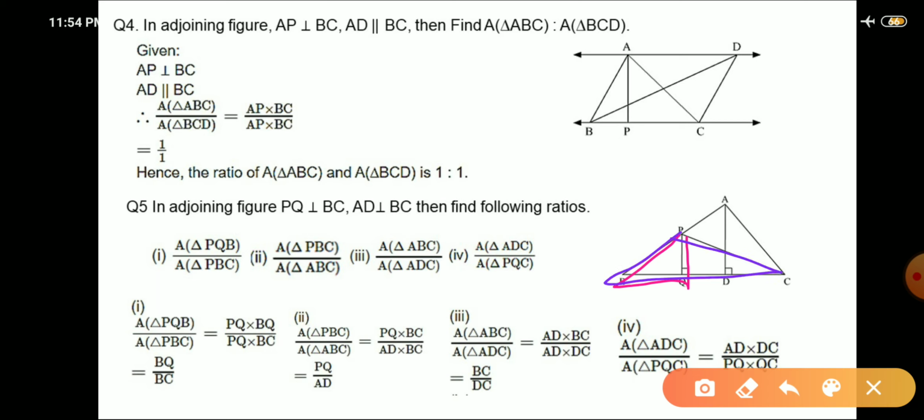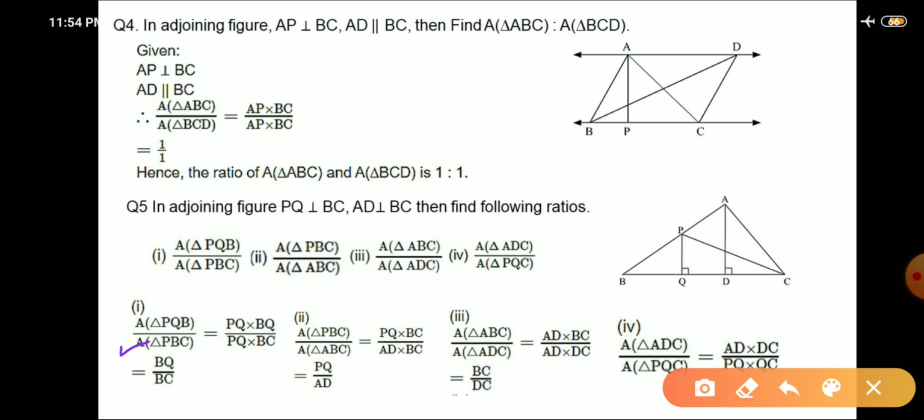Here we notice these two triangles have the common vertex, which is P, and their bases are collinear. Therefore the heights of these triangles are congruent. Therefore the ratio of the areas of these two triangles is directly proportional, or equal, to their corresponding bases.